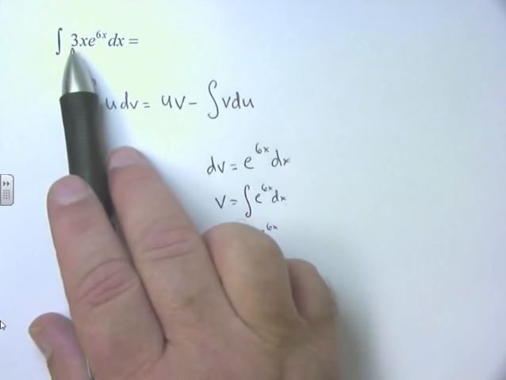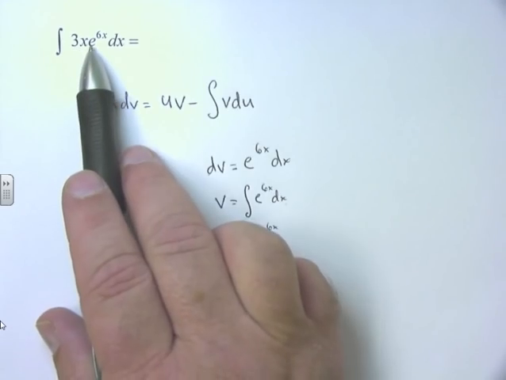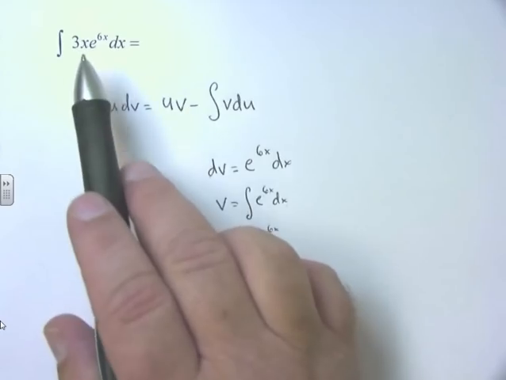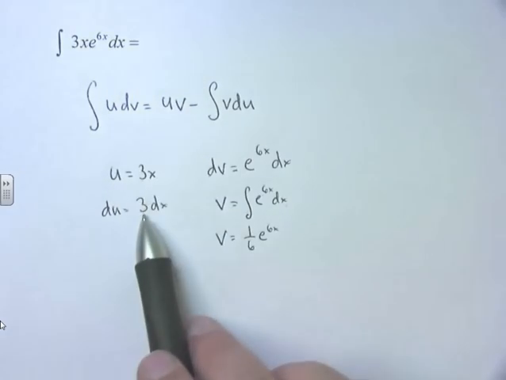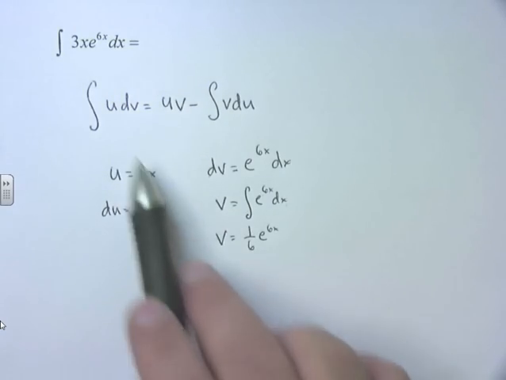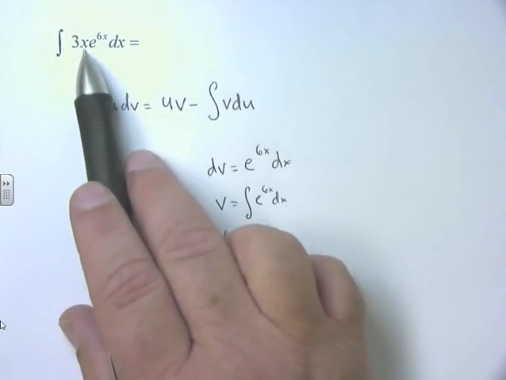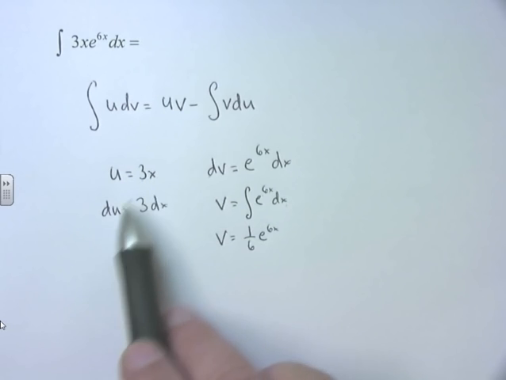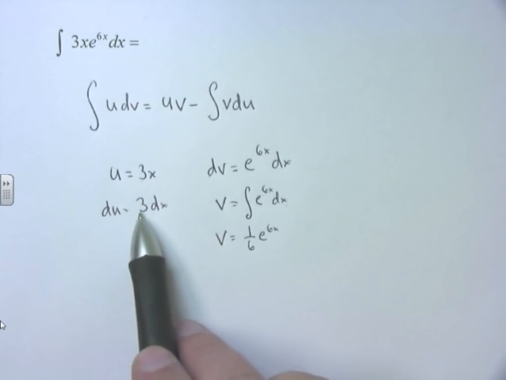You could have let u equal 3x or let u equal e to the 6x. But here's the deal. You should let u equal the part you want to get rid of, and you get rid of things through the derivative. That x was causing all the problems, and that's why u substitution didn't work. So I would let u equal that part, 3x, and then taking the derivative, I get 3 dx.